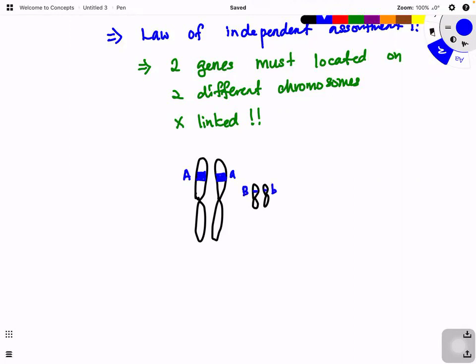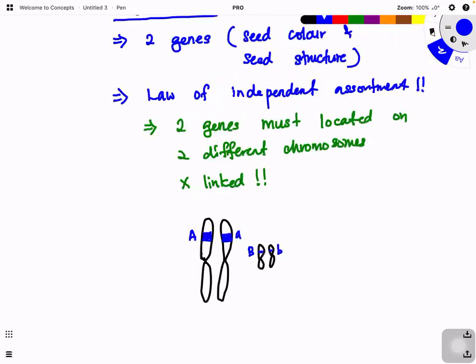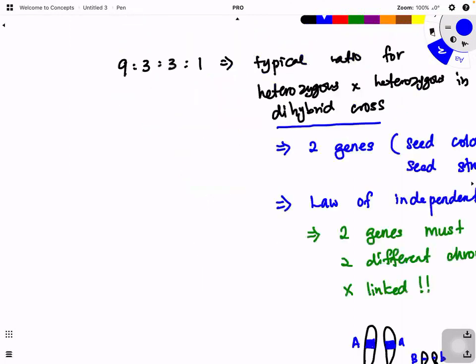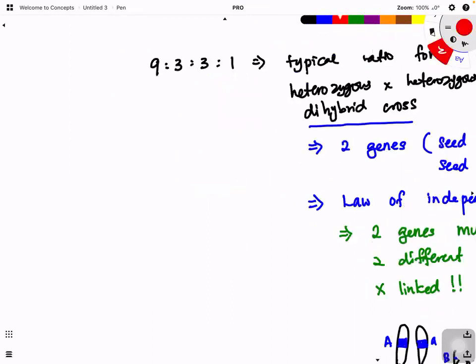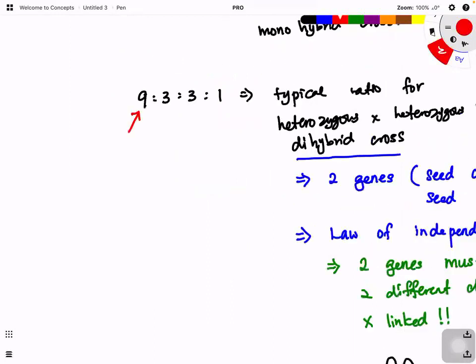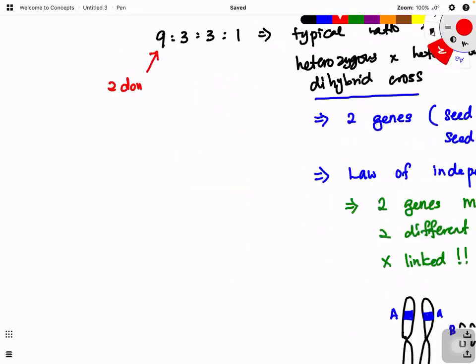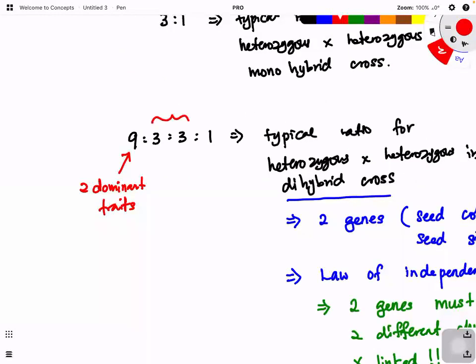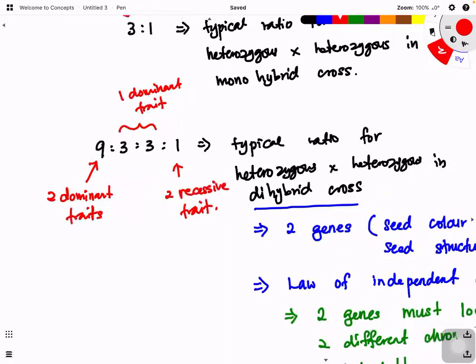Located on 2 different chromosomes, you're going to fulfill the law of independent assortment, and you will be able to get 9, 3, 3, 1. 9 is for 2 dominant traits. 3 and 3 are for 1 dominant trait. 1 is for 2 recessive traits. So you get the ratio of 9, 3, 3, 1.